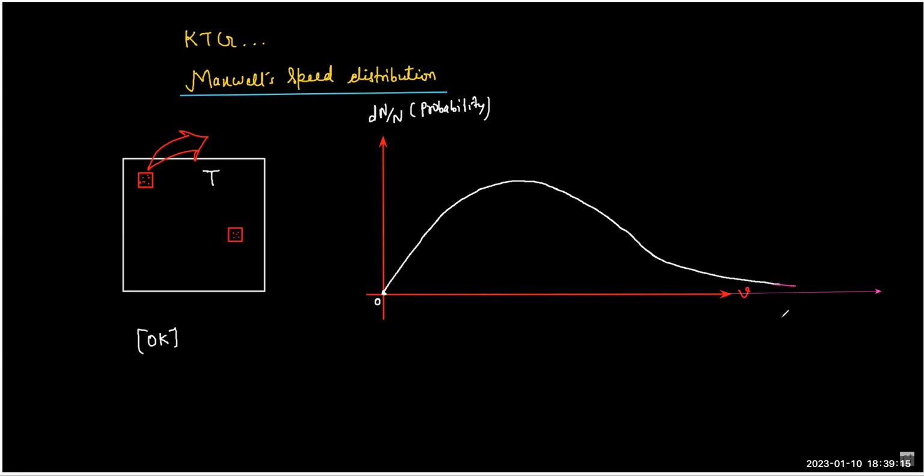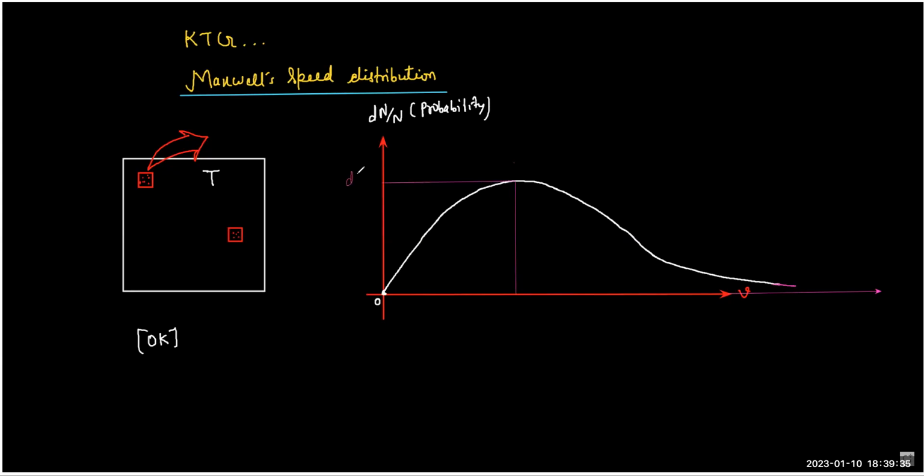And therefore, you will get a bell-shaped curve around some mean value. You can see that there is one particular velocity which is having maximum fraction. So the fraction is maximum.